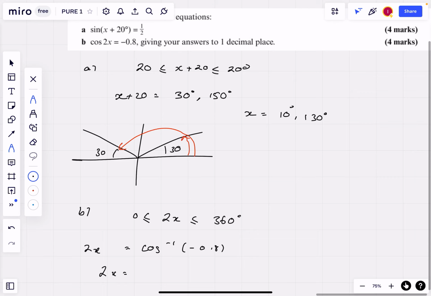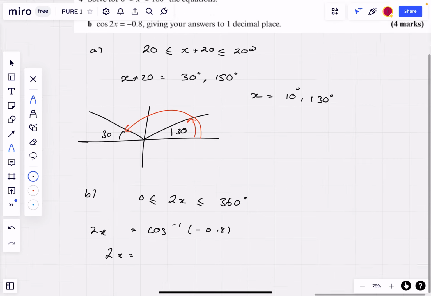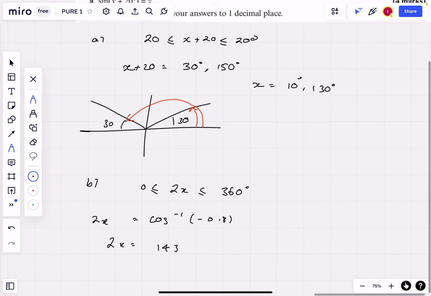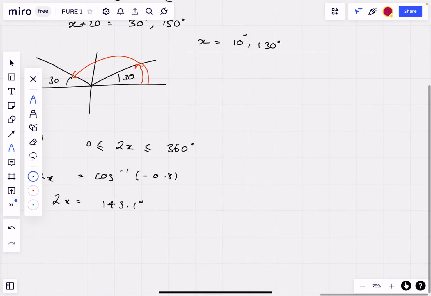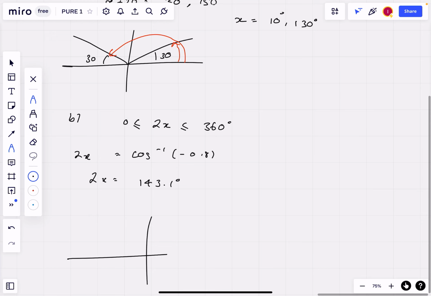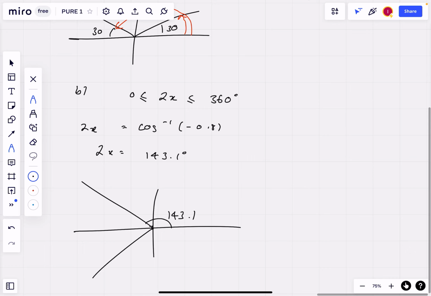Cos minus 0.8, 143.1. Cool. Draw CAST diagram. 143 is something like this. It's cos, so it's going to reflect there.